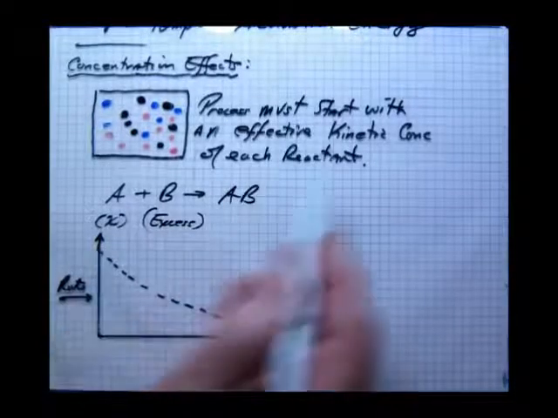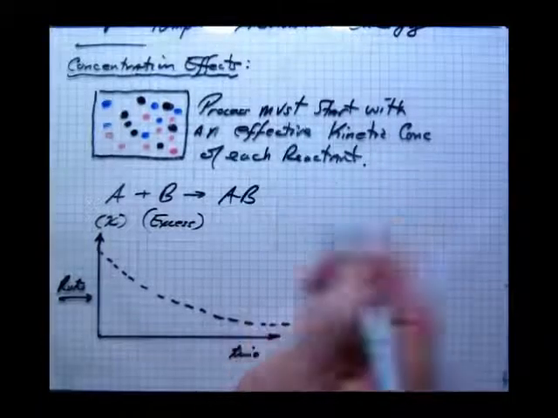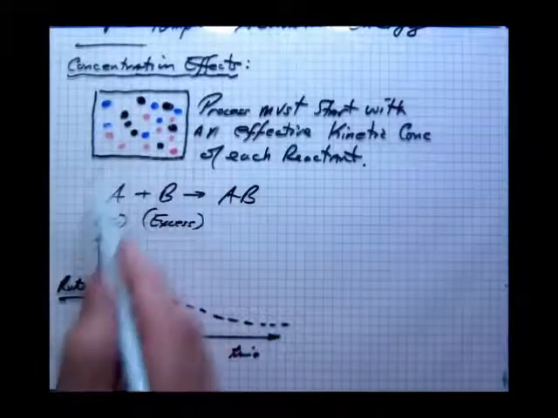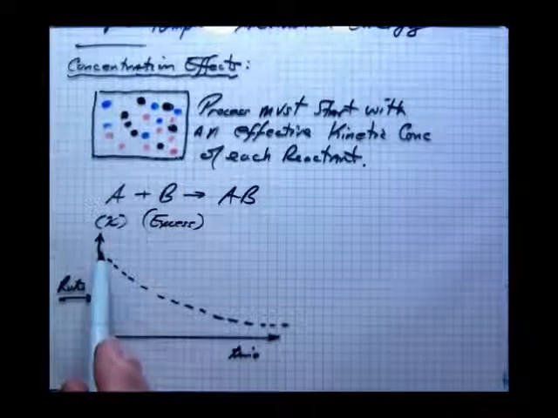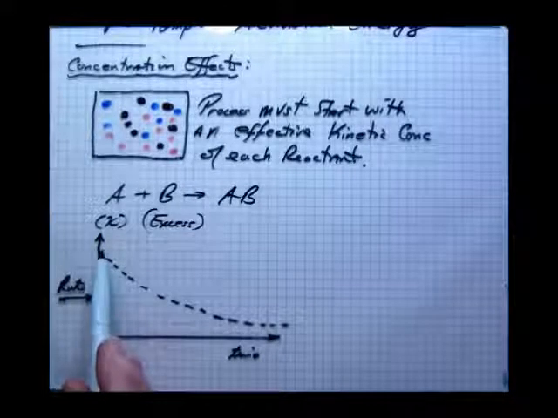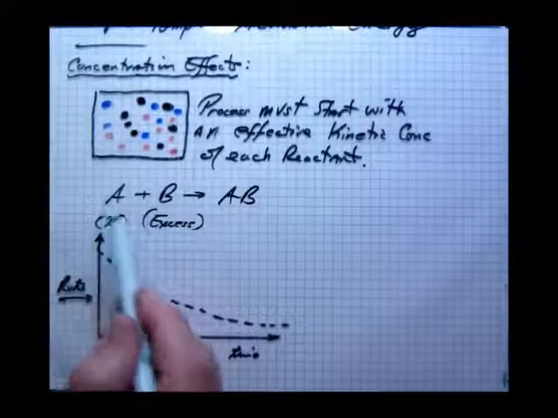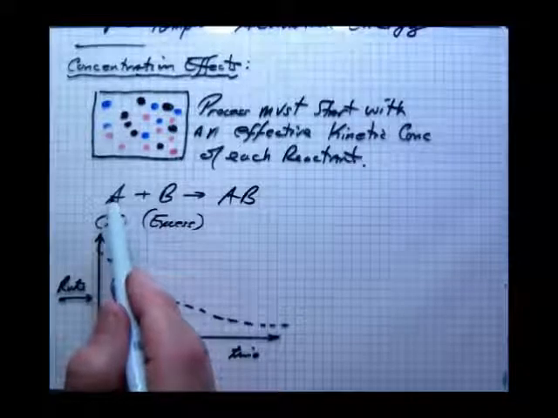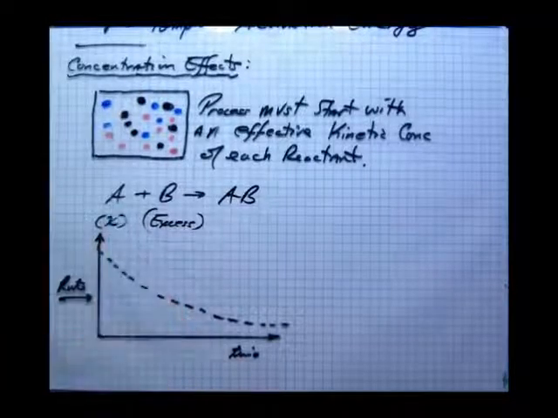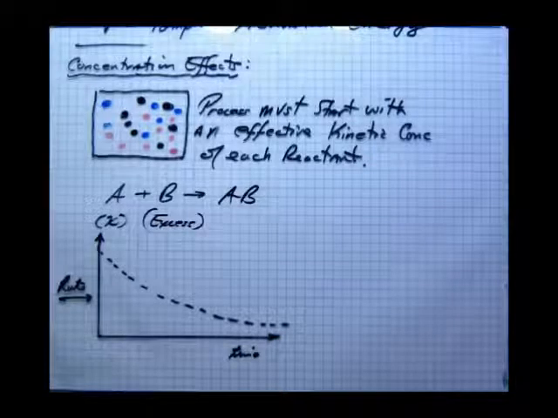But starting with an effective kinetic concentration of high concentration, you're going to get a real good reaction production here. And it will run until, say, X is consumed, which is the limiting reagent. And then the reaction process just stops.